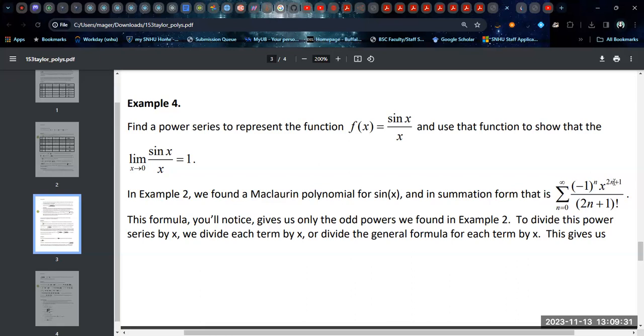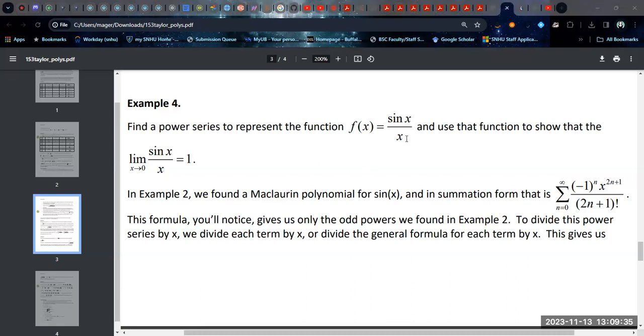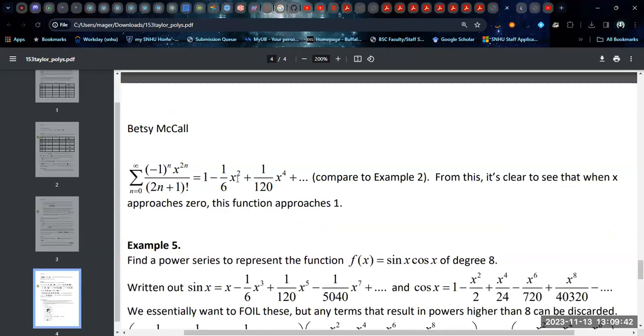So this becomes x to the 2n. And then the power series for this function can then be written out this way. So again, this was x to the 2n plus 1 divided by x, which gives us x to the 2n. And we generate the terms by plugging into the formula.